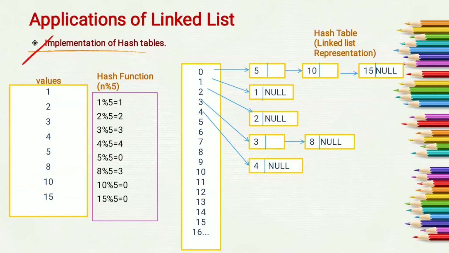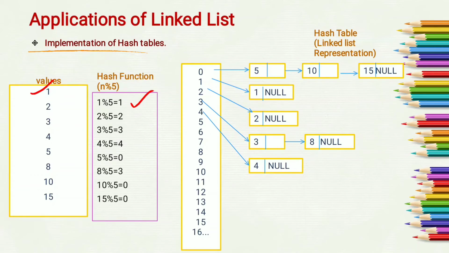In hashing, we have different types of hash functions. Suppose we have a hash function of type n%5 and we have some data values which we want to store in the hash table, and after storing these values we can easily search them from the hash table. Here % is the modulo operator which provides the remainder.